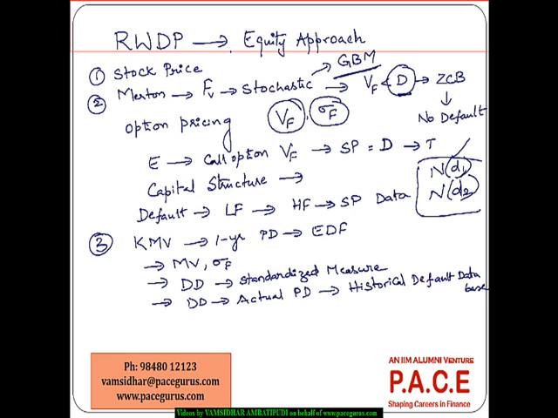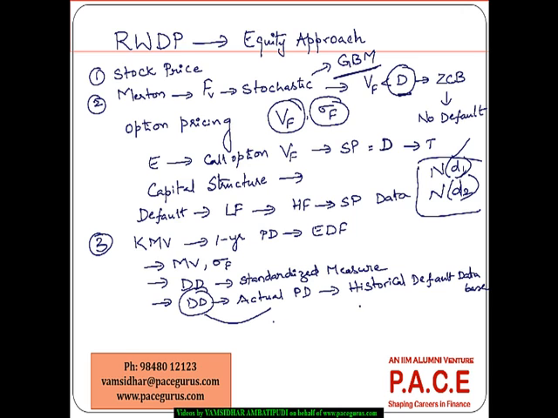How often the firms that had similar levels of distance to default have actually defaulted, and whatever number we get, we can map it to the probability of default. So this mapping of the distance to default with the actual default probability is an empirical model that they have come out with.